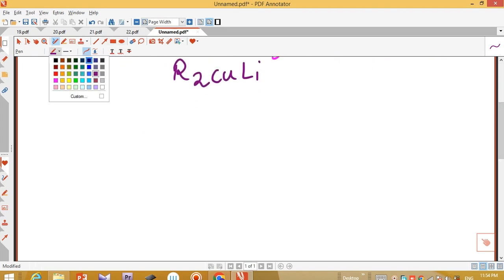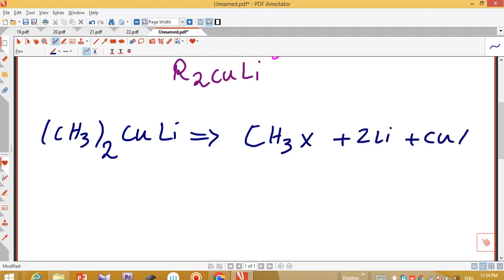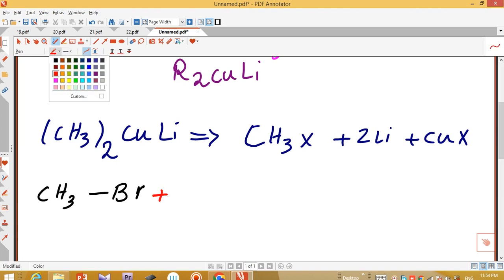I will talk about the details of this type of reaction later. Only it is important to know what happens here. Again, we will have R2CuLi, which is dimethyl copper lithium, and it is produced through, for example, methyl halide plus 2 equivalents of lithium plus copper halide.